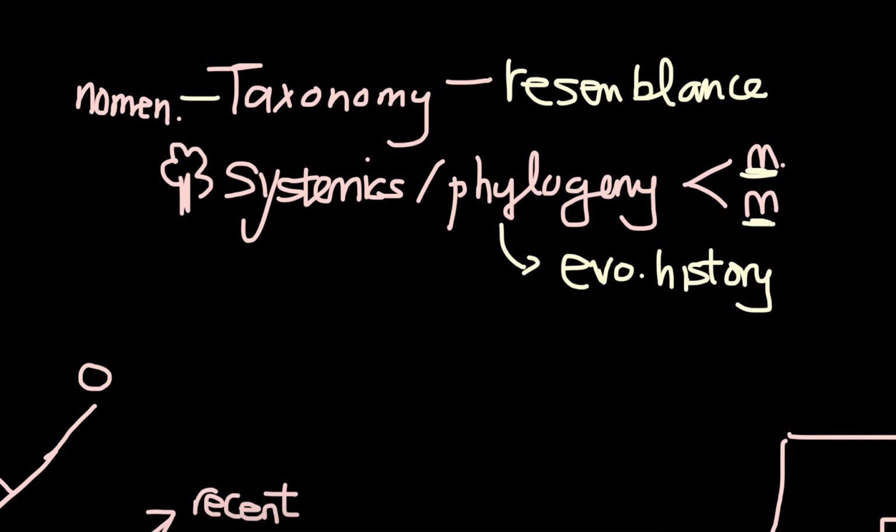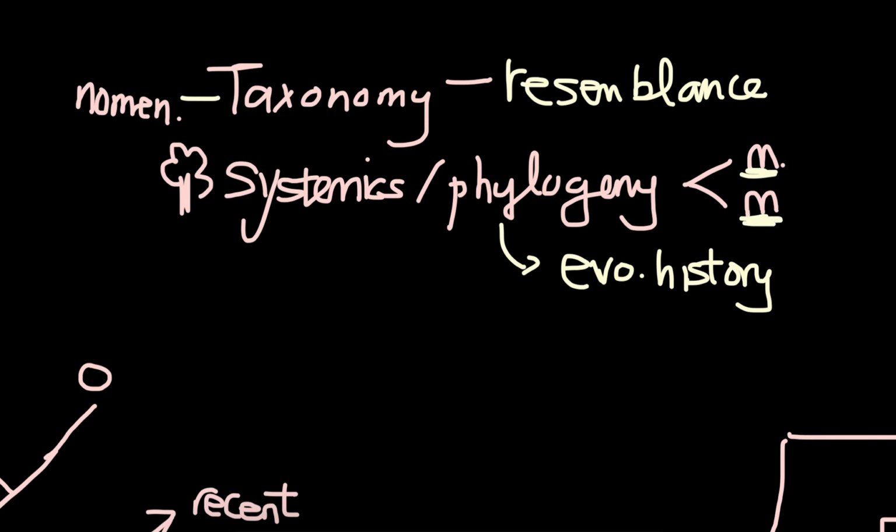nomenclature. But when we talk about systematics, that is the practice of classifying organisms by evolutionary history, also called phylogeny. So we end up building phylogenetic trees. Initially, we built them based on morphological resemblance, but later molecular data is really driving how we rearrange the hypotheses of different phylogenetic trees.